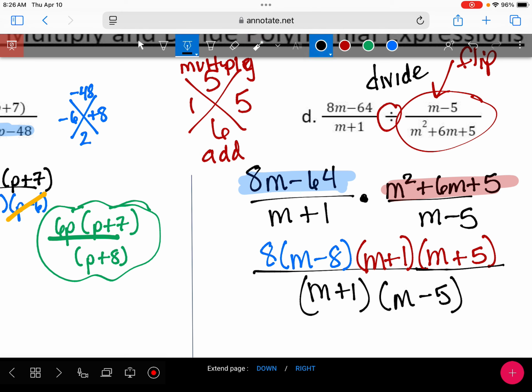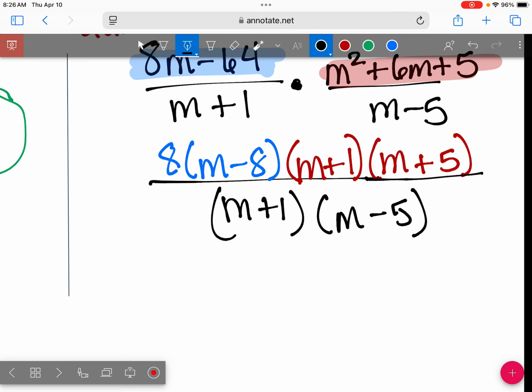All right, now you're ready to start canceling things out. So what is something that you see? It has to be upstairs and downstairs. M plus 1. Who agrees with that? Can I take out anything else?